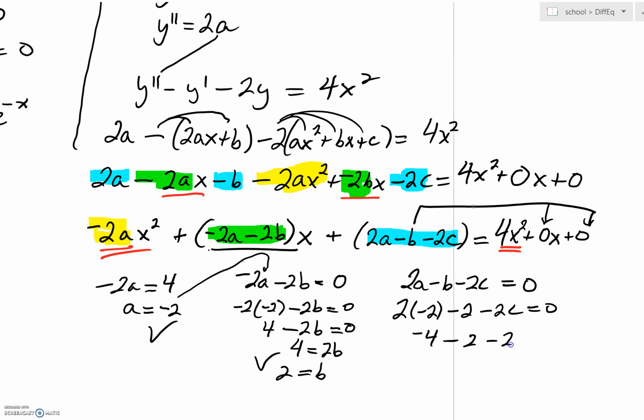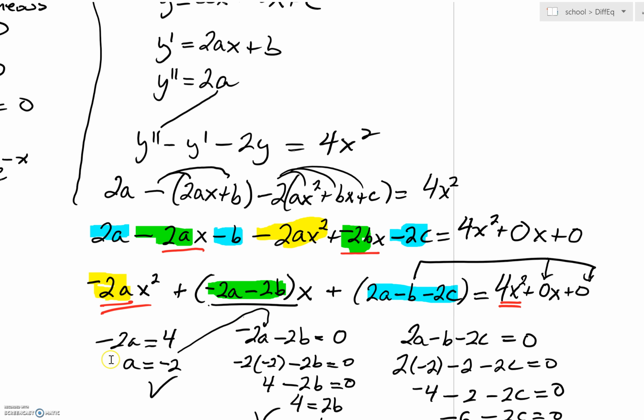Without too much work, you're about to find the quadratic that you're looking for. I'm going to add a 2c to both sides and quickly see that c equals negative 3. So a is negative 2, b is equal to 2, and c is equal to negative 3.